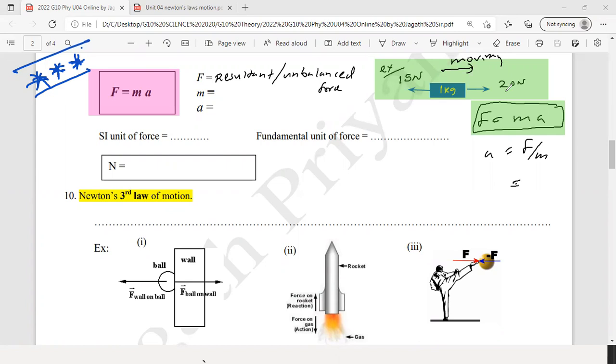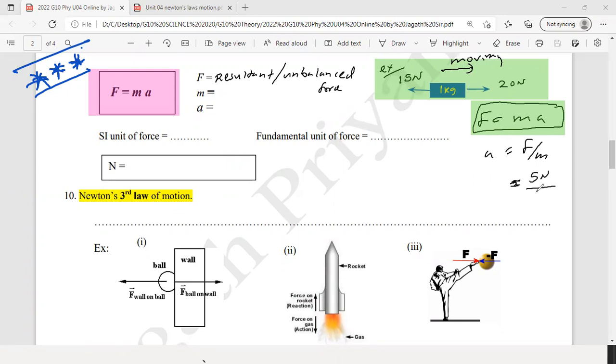Because out of 20 Newton, 15 Newton get cancelled, because they are opposite. Therefore, what is the force left? Only 5 Newton. That is the unbalanced force. Therefore, don't write here F equals 20 Newton or F equals 15 Newton. That is completely wrong.